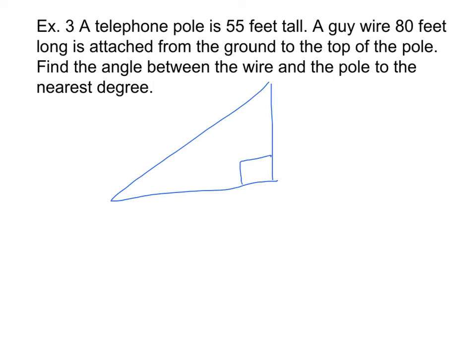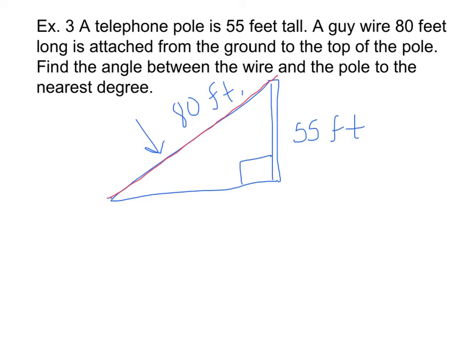The telephone pole, here's the pole, 55 feet tall. The guy wire, that's the wire here, is 80 feet long because it says it's attached from the ground to the top of the pole. So that's 80 feet.